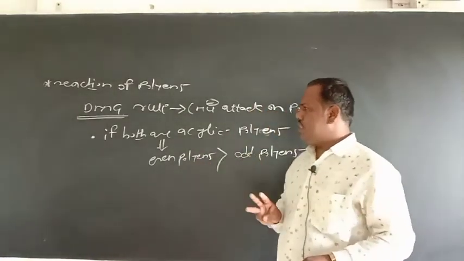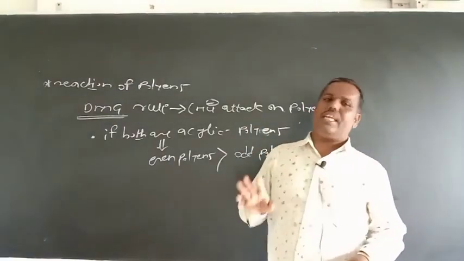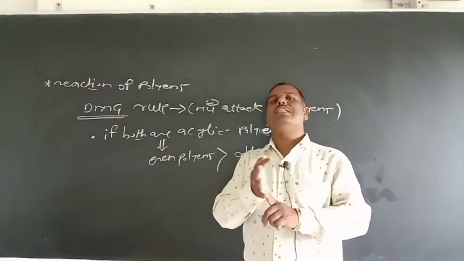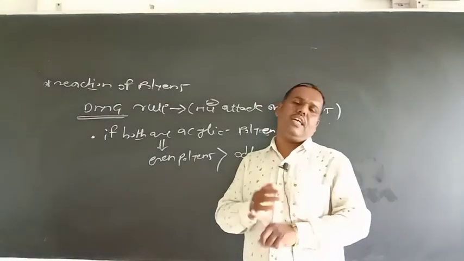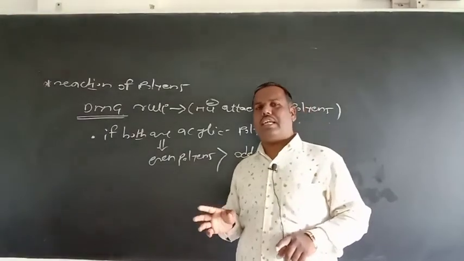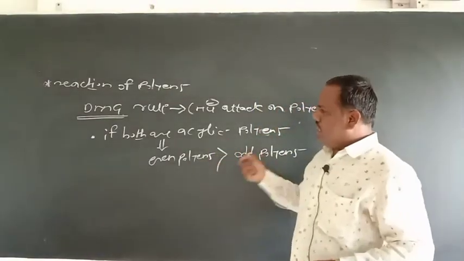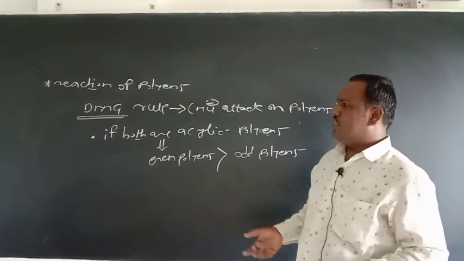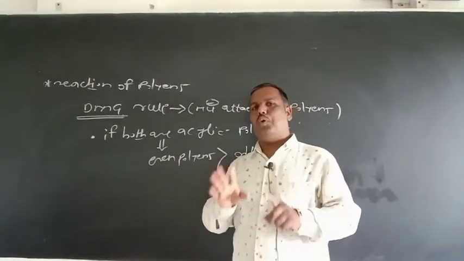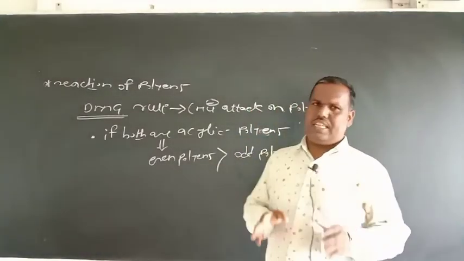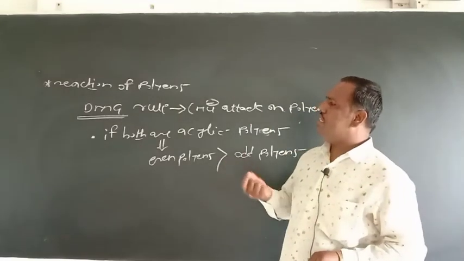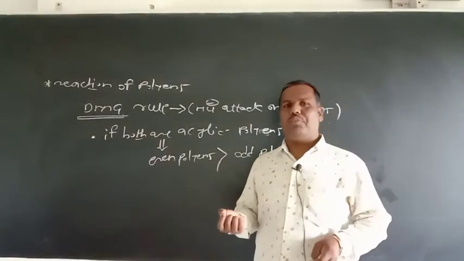The third rule is that if both are acyclic polyenes, then even acyclic polyenes are preferred for nucleophilic attack than odd acyclic polyenes.